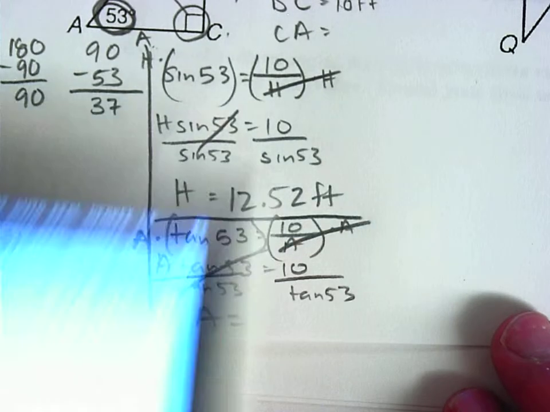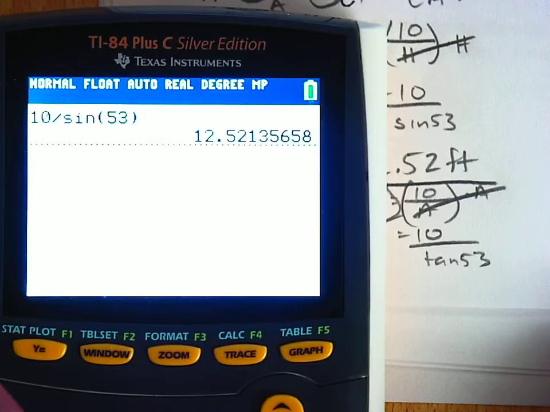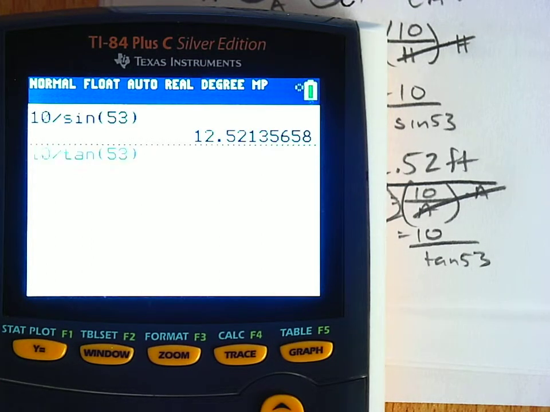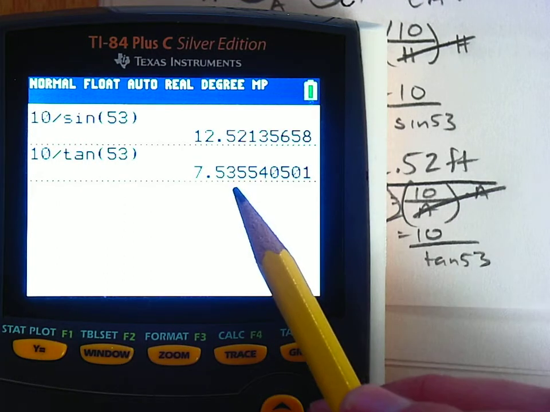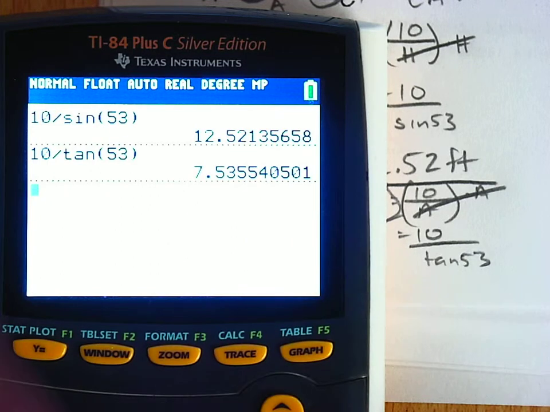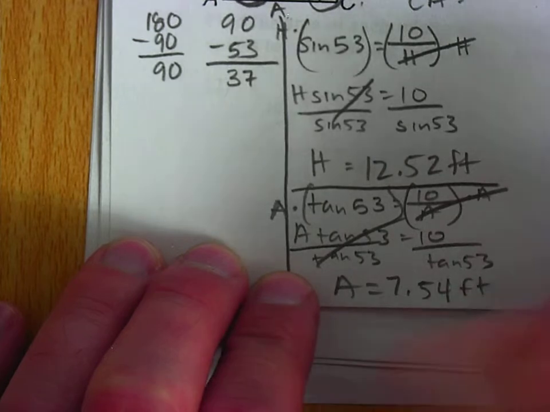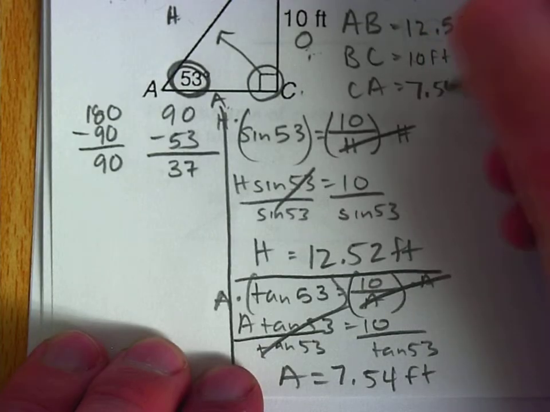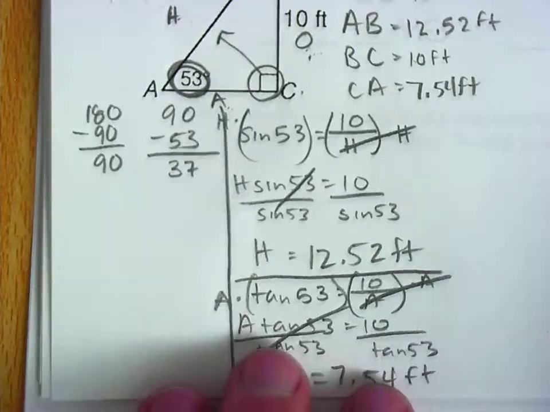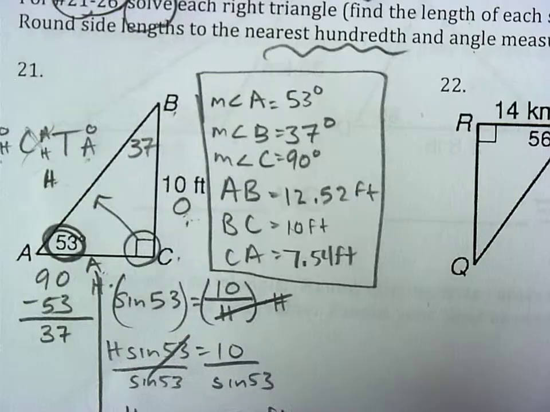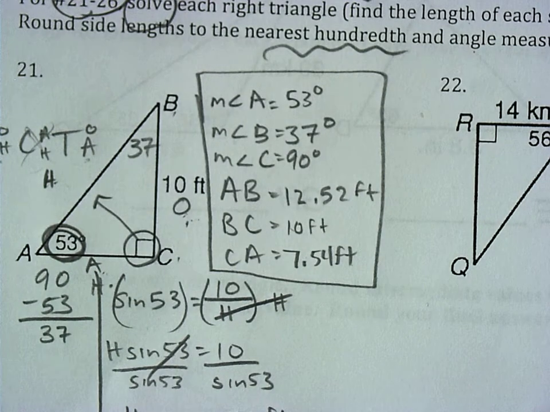Once A is alone, we just type that into our calculator as well. So 10 divided by the tan of 53 is 7.52, and here's the hundredths place. So we're going to round up to 7.54 feet. And remember, that's one whole problem, is that list right there.